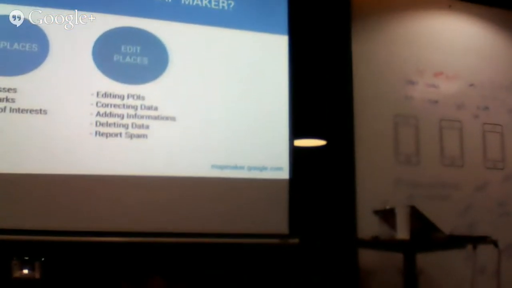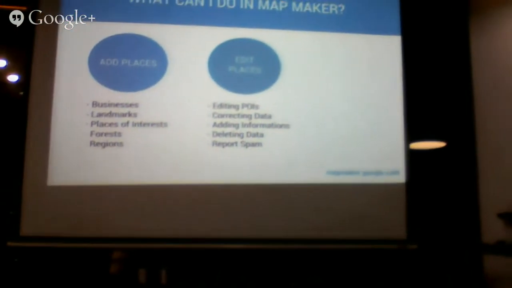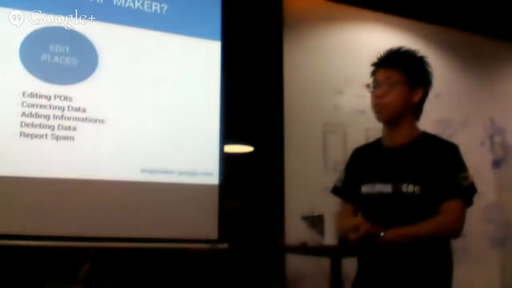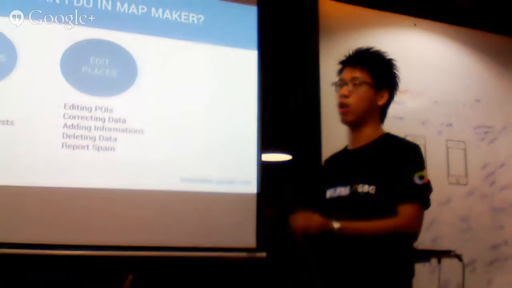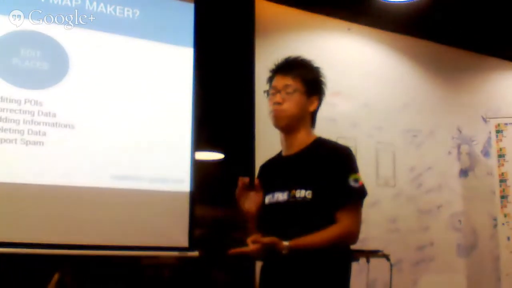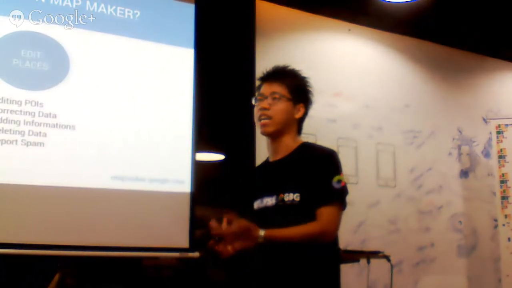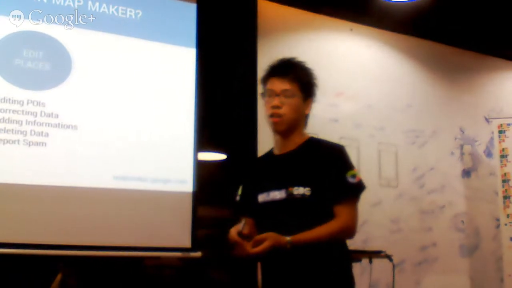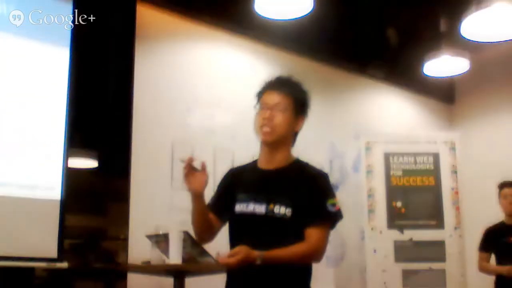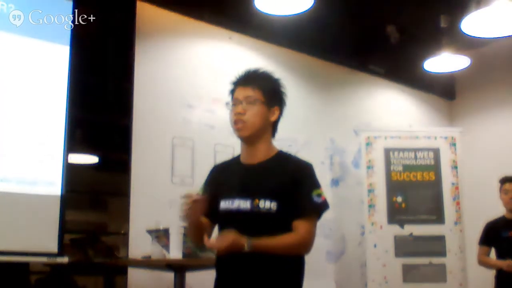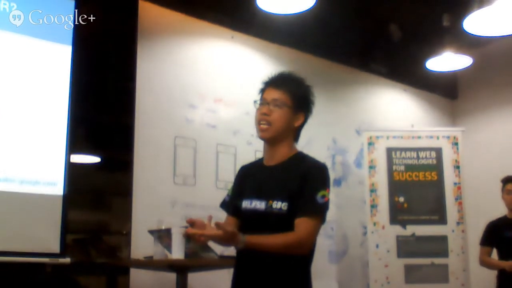So let's say I recently found out there's a group of people who like to submit their own home in Google Maps. I find it unacceptable because this is a violation of privacy and this is not a place of interest. So I can report the spam to the Google MapMaker team so that they are able to see, okay, this place is not a place of interest. There's no particular business interest, there's nothing at all.